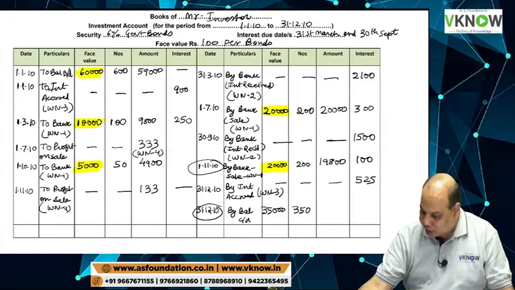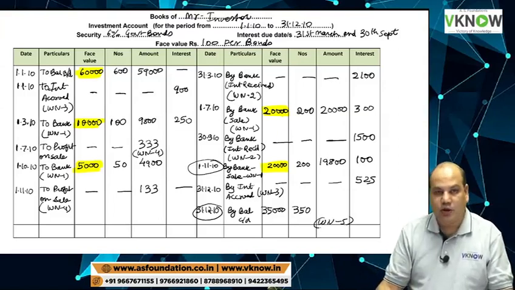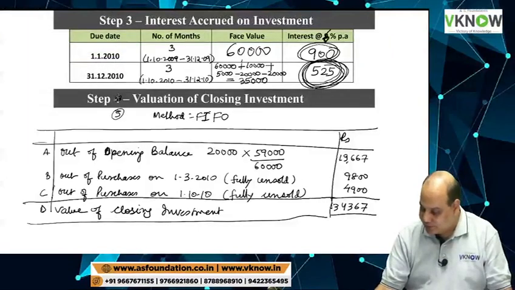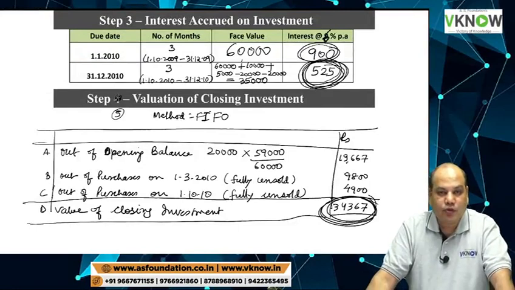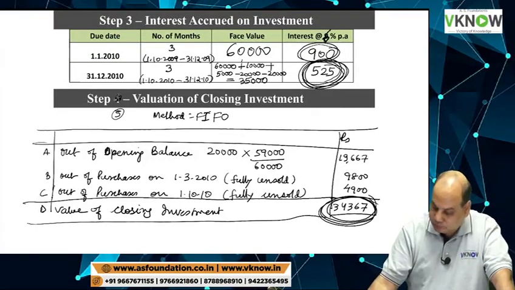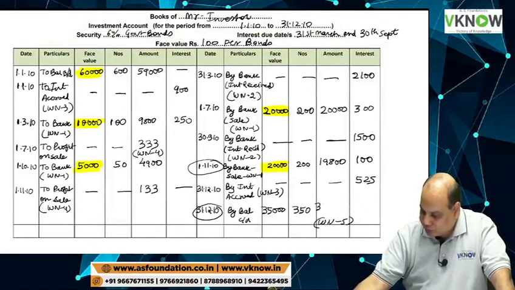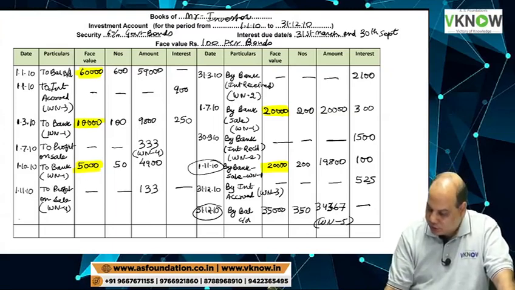And the amount we will get from working note 5, value of closing investment. On the screen below, right side, 34367.